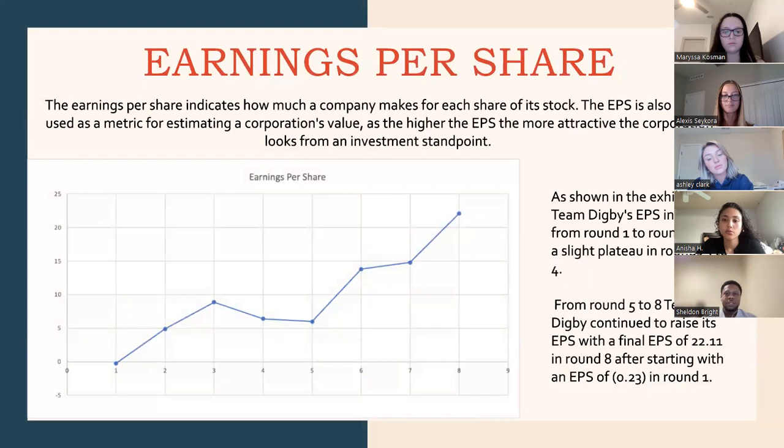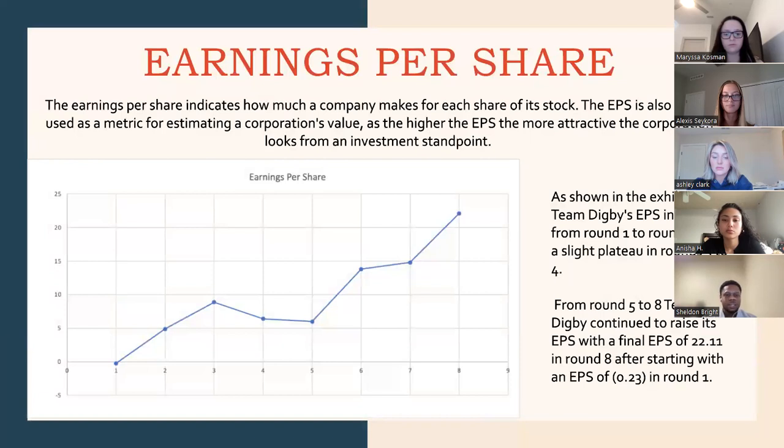In this slide, I will be discussing the earnings per share. The earnings per share indicates how much a company makes from each share of its stock. For any company, the higher the earnings per share, the better when I'm looking to invest in that company. As you can see in the exhibit, Team Digby saw increased earnings per share throughout basically all 8 rounds.